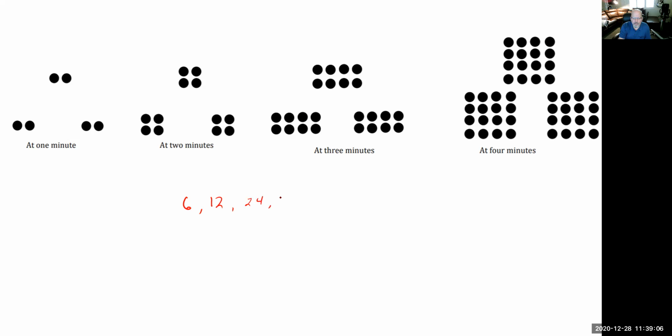Notice they're all doubling each time. So the next one would be 48. And we could go on and figure out 2 times 48, 96. So the first one at 1 minute is 6. The next one is 2 times the one before it.